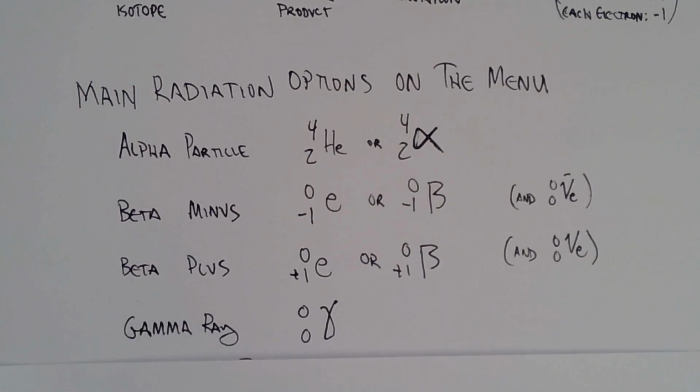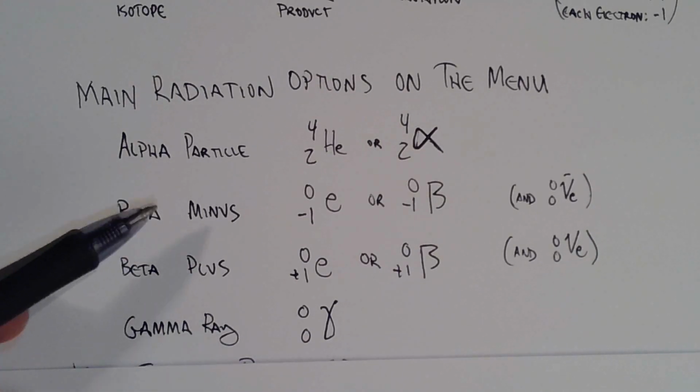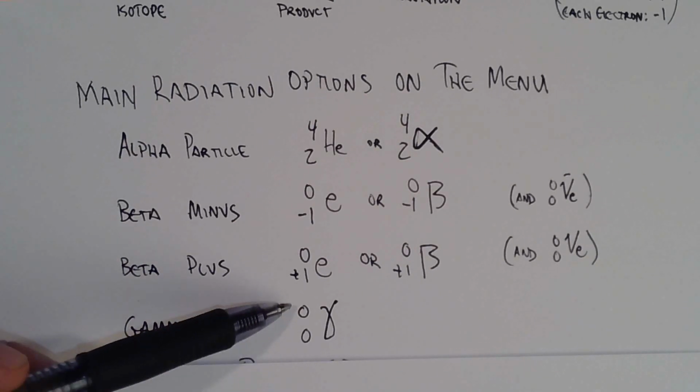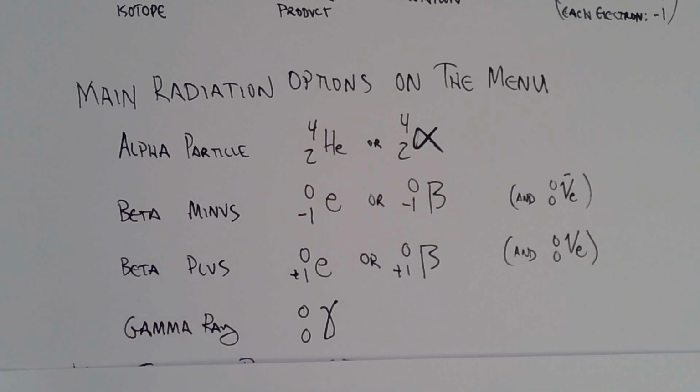Now also there is the gamma ray. I'm not going to really show you any examples with gamma rays here. Gamma rays, they're important and they're legit, but as far as our calculations go, you can see they have no mass and they have no charge. So the argument here is that a gamma ray, if you remember from our earlier video, is really just a way for the nucleus to kind of blow off some steam, but it's the same nucleus afterwards as it was before.